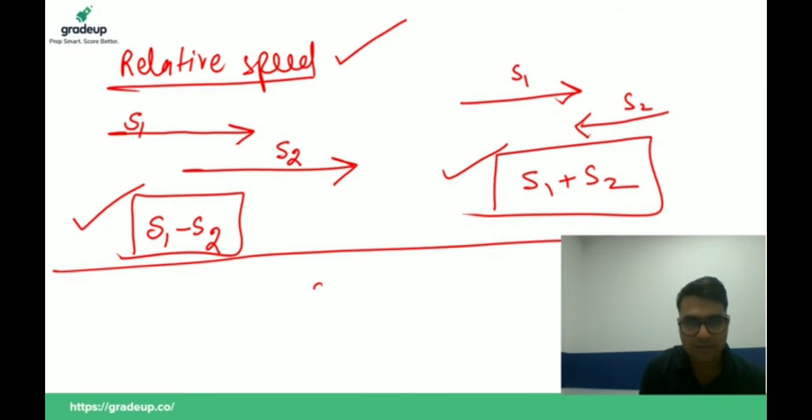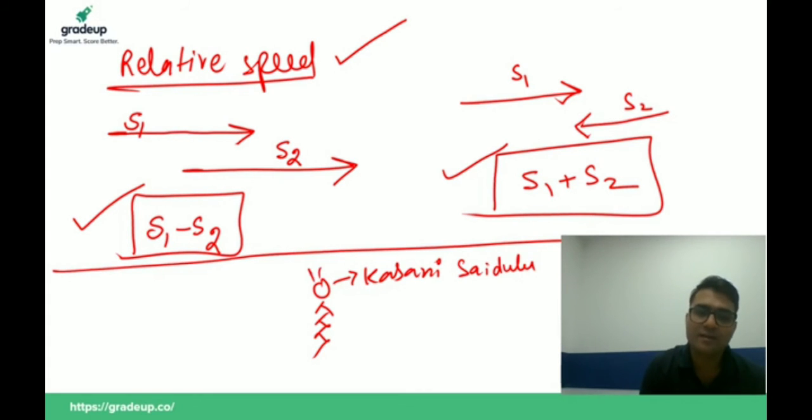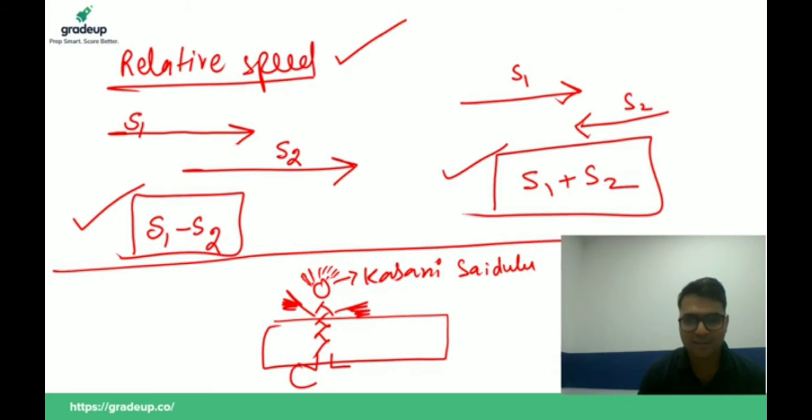Suppose this is Kasani Saidulu, this is hair, and this is hand and this is leg. Kasani Saidulu, this is you. You are in a particular car, and you are running with a speed of 20 kilometers per hour, and this is the wall.